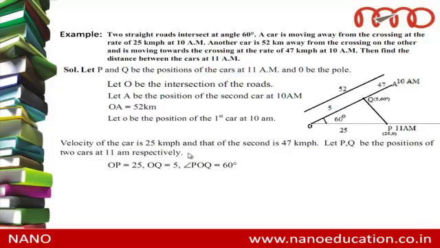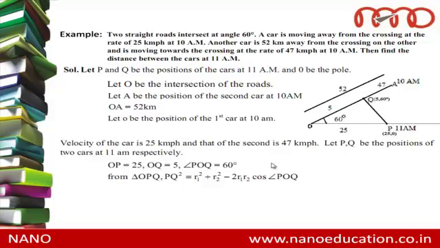OP is 25. In 1 hour it would have travelled 25 kilometers. OQ is 5 kilometers. OA is given to be 52. From A to Q it travelled 47 kilometers, so the leftover distance is 5 kilometers. Angle POQ is 60 degrees. Now Q coordinates are known, P coordinates are known.